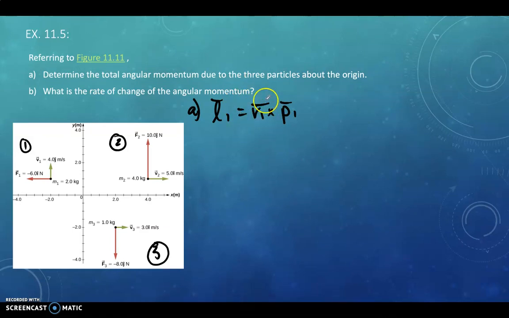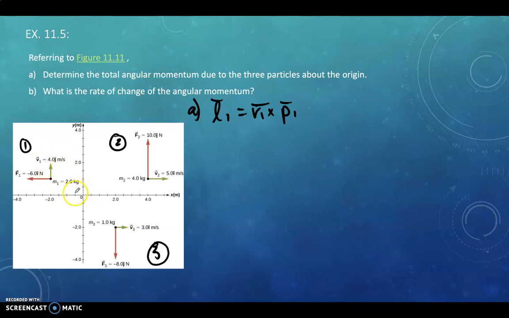So these R vectors are going to be the position of these particles. We will have to determine where these particles are in space.